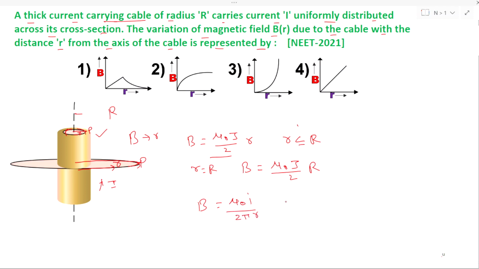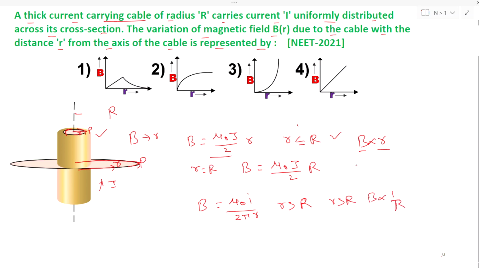This will be valid for small r greater than capital R. Now if you observe, in the case of small r less than or equal to capital R, B is directly proportional to r, and for r greater than capital R, B is proportional to 1 by r.